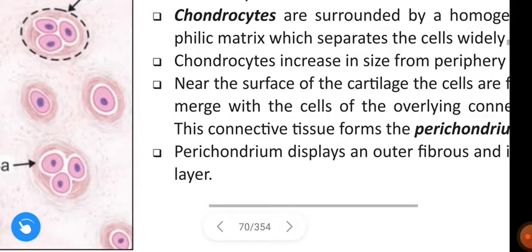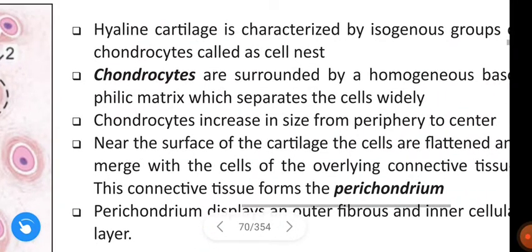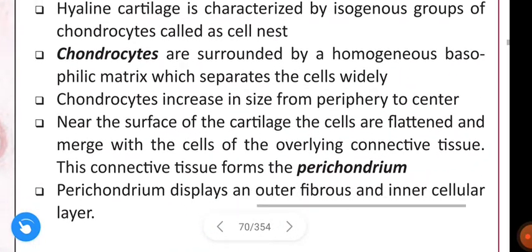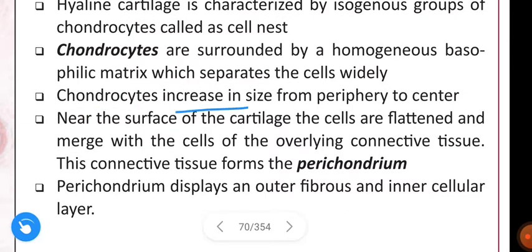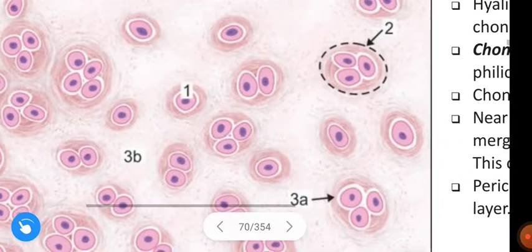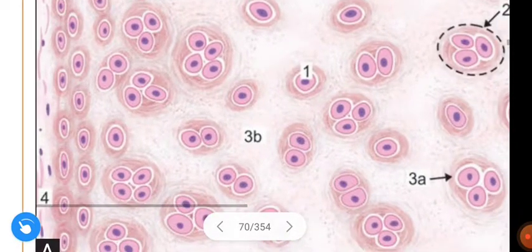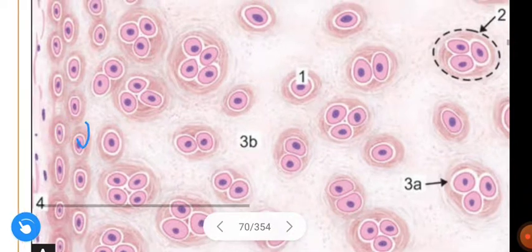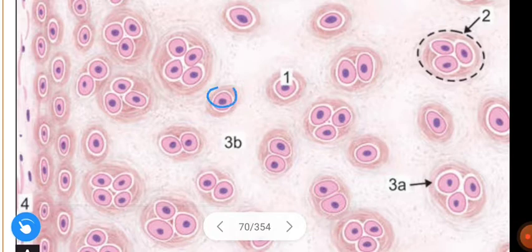Next, the chondrocytes increase in size from periphery to center. Note this point, guys. See here, these are the chondrocytes.